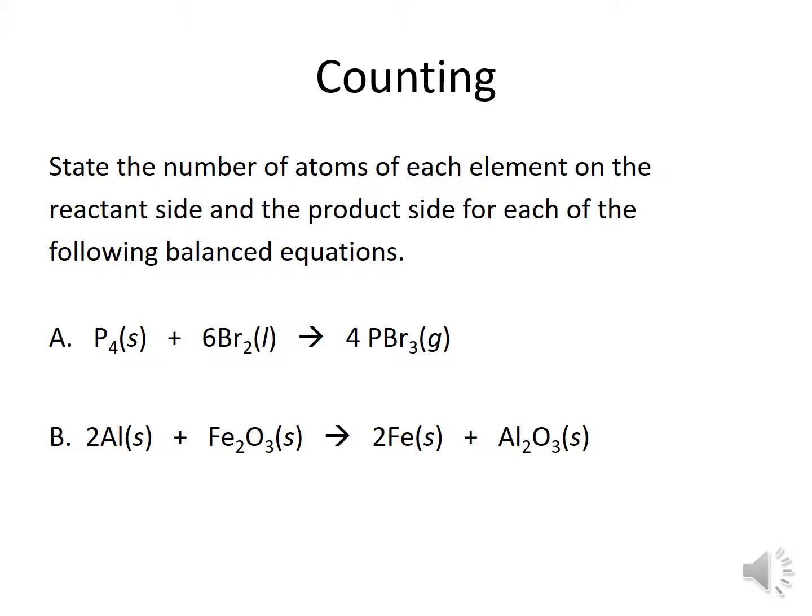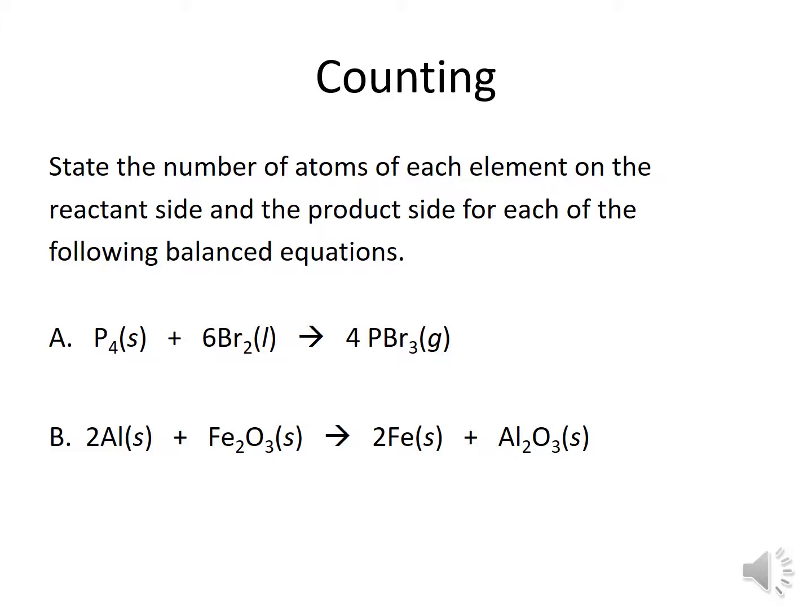So to start out on learning how to balance equations, let's start by just stating the number of atoms of each element on the reactant side and the product side. In other words, let's learn to interpret the chemical formulas. In letter A, P4 solid plus 6 Br2 liquid yields 4 PBr3. P4 indicates there are 4 phosphorus atoms.